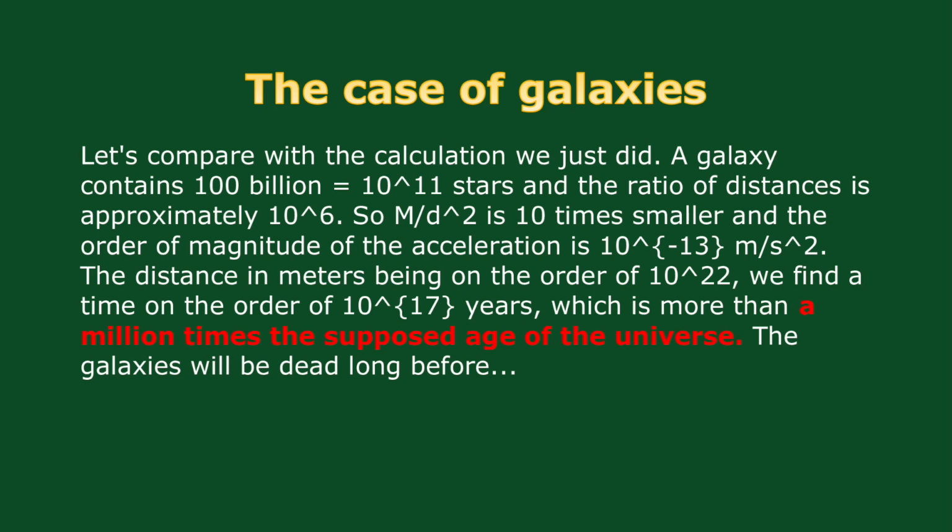The distance in meters being on the order of 10 to the power 22, we find the time on the order of 10 to the power 17 years, which is more than 1,000,000 times the supposed age of the universe. The galaxies will be dead long before.